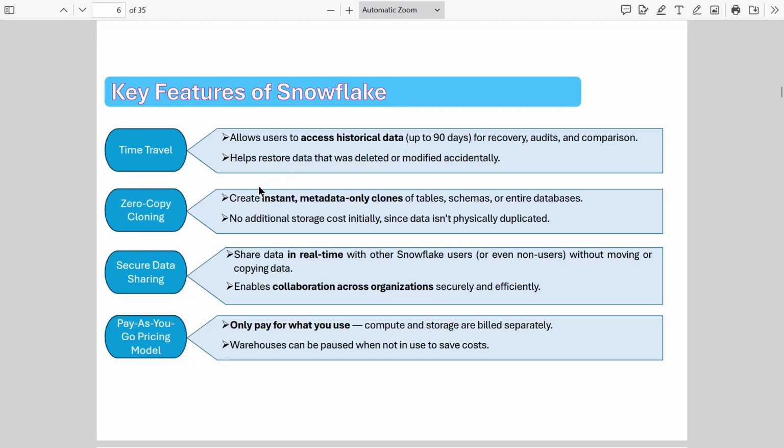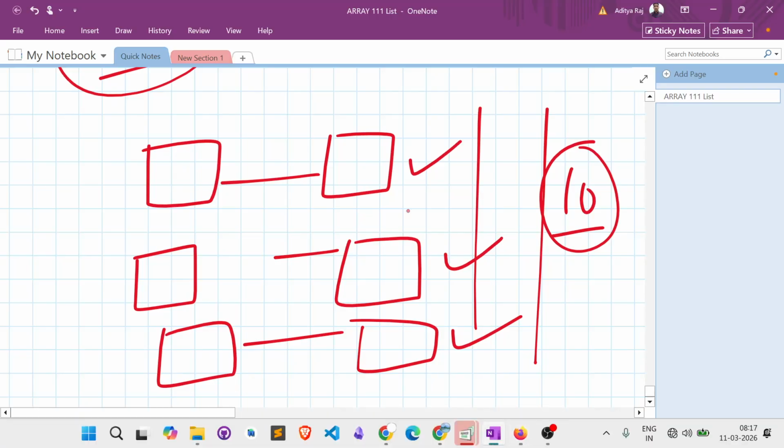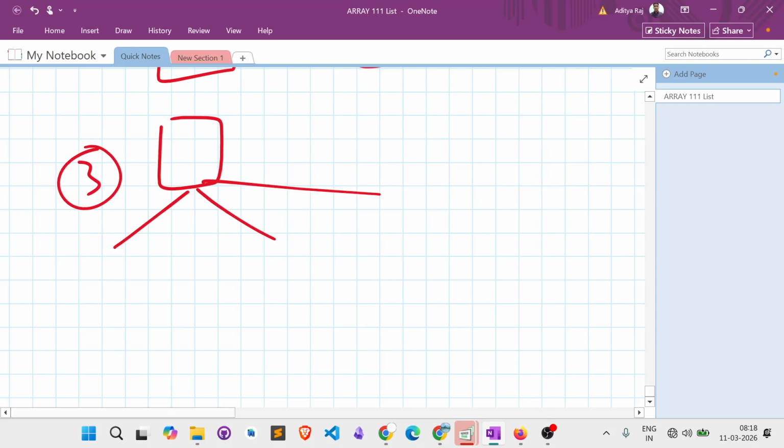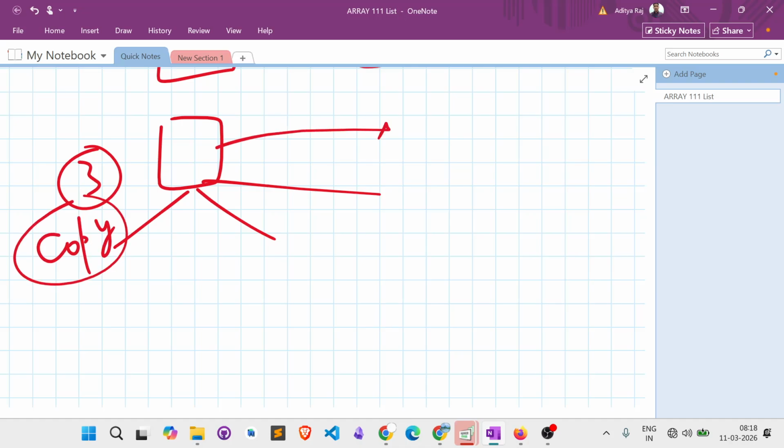And zero copy cloning means it creates instant metadata-only clones of tables, schemas, or entire databases. It happens in the background. When you have stored something in your databases, the system makes at least three copies of it, because anything stored in a system, like Snowflake, which is a cloud data warehouse, is also a part of hardware.